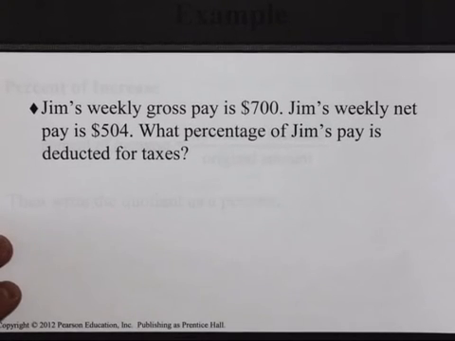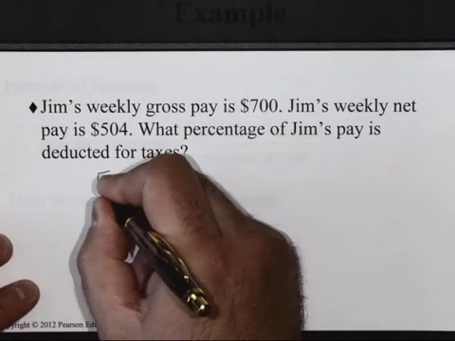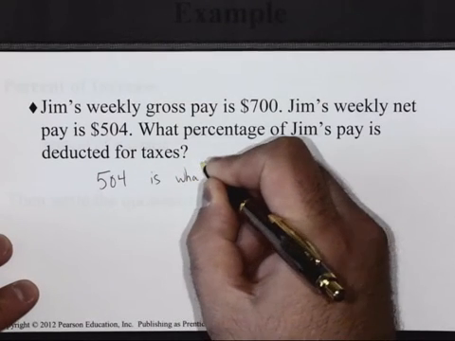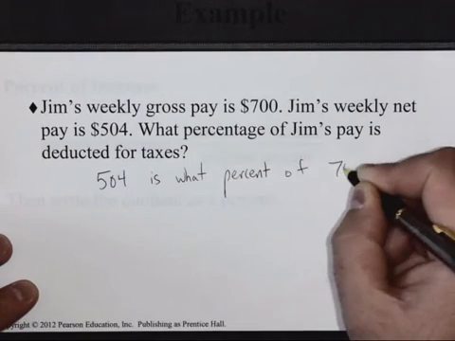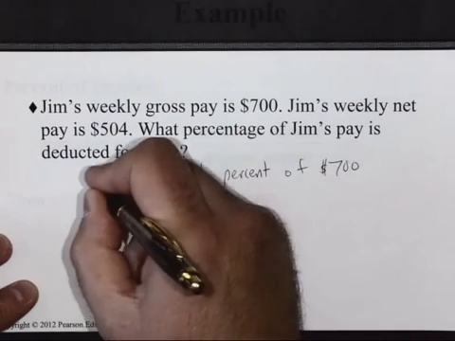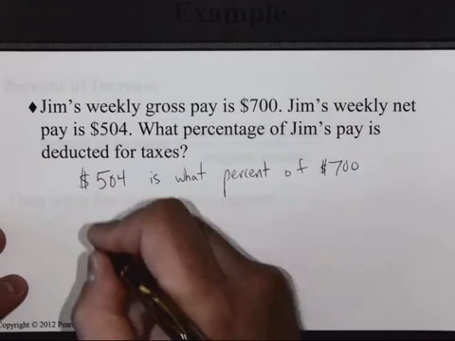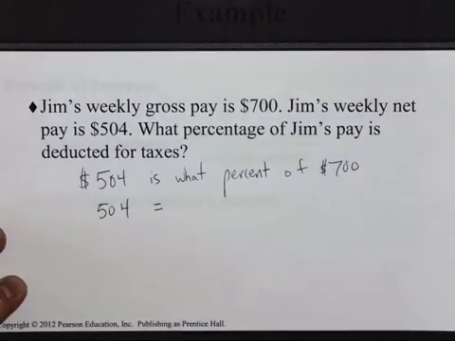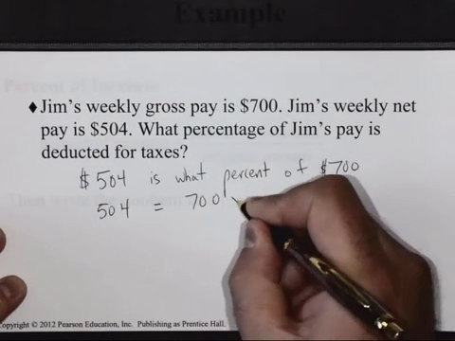So here's how this would look if we rewrite that as an is-of sentence. 504 is what percent of 700? That's essentially what we're trying to figure out. So 504 equals, what percent is x? Of is times 700, so that's 700 times x.